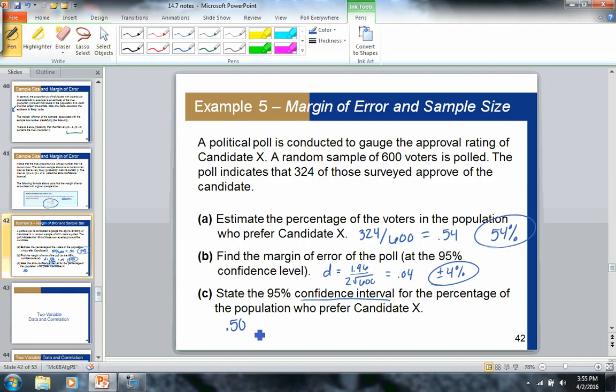And then we could take the 0.54 and add the 0.04, so we get 0.58. So we could write our interval that way. Or you could just say it's between 50% and 58%.